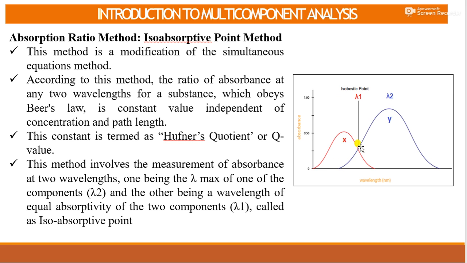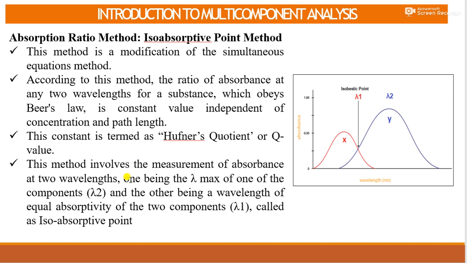It is the wavelength at which both the components absorb the radiation. So this is the isosbestic point, or you can say the point at which the absorbance of both the components meet each other.